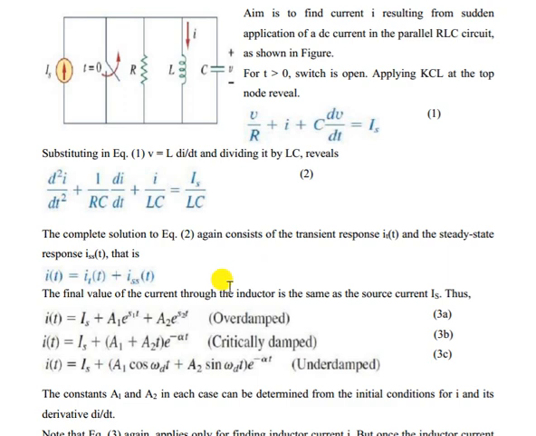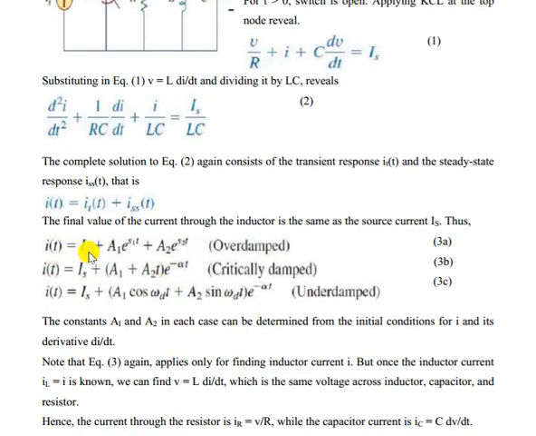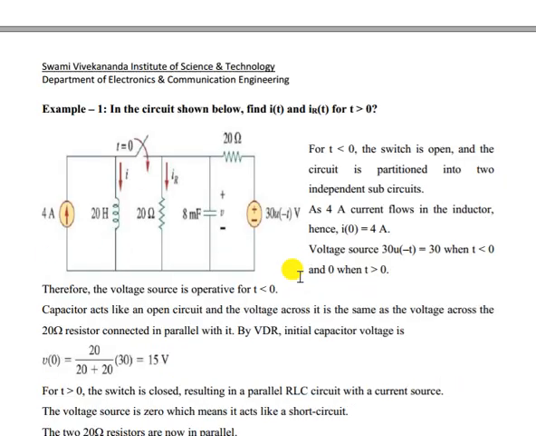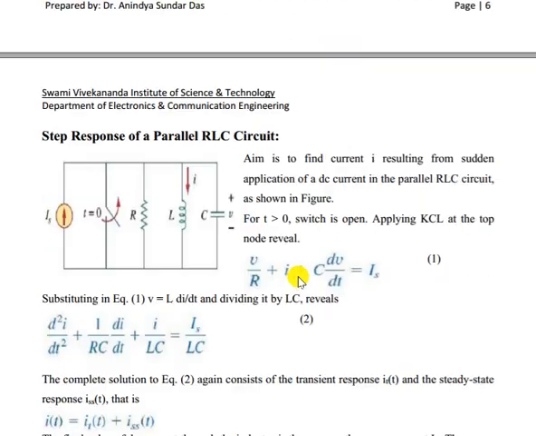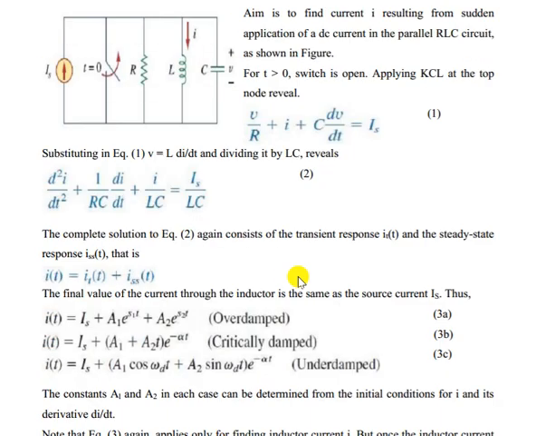Now the complete response is again the transient plus the steady state value. So we have to add the steady state current value here to the individual response, overdamped, critically damped, and underdamped. The same process we have to follow. Now you can see here that the alpha value is nothing but 1 by 2RC.